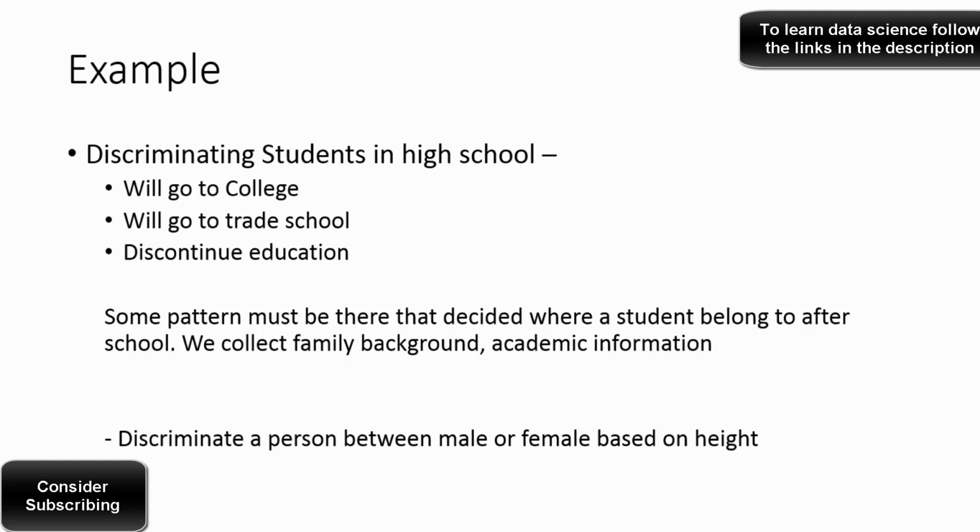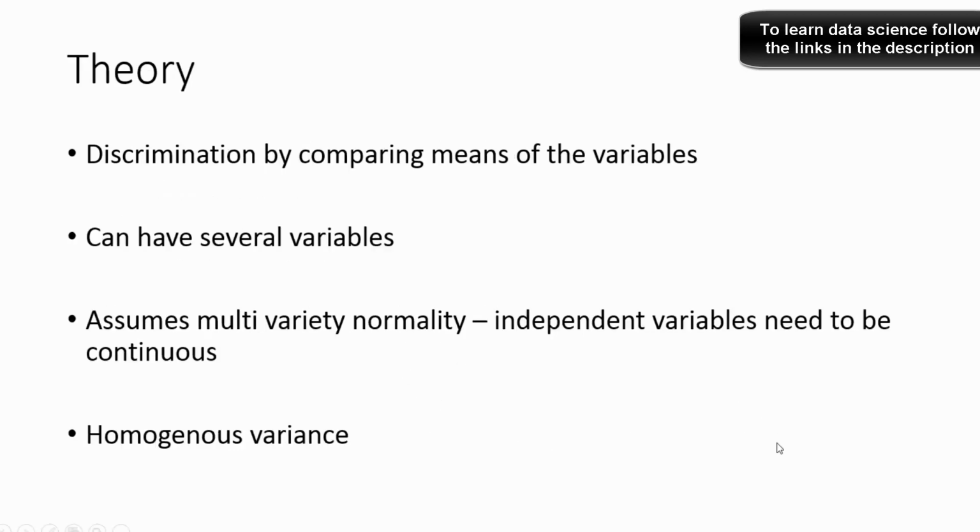We can be wrong sometimes, but most of the times we'll be right, or a majority of time we will be right. So height is one variable that discriminates between the categories male and female. So we can have several variables. We can combine them, and then we can use them to discriminate two categories. That's how we use discriminant analysis.